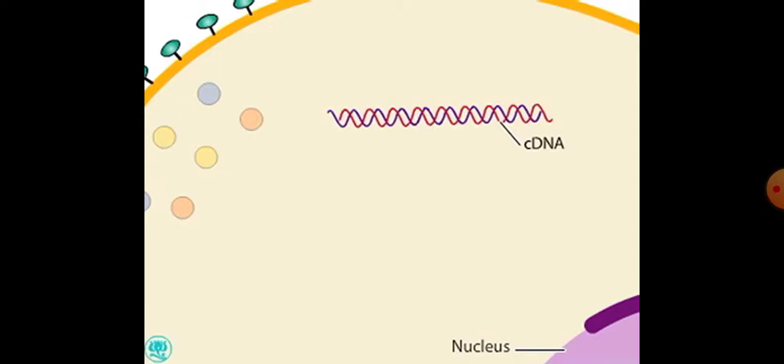Reverse transcriptase has a high error rate and frequently leaves mutations in the copied DNA. The mutations result in variant forms of HIV, which allow HIV to evolve quickly. The viral RNA is destroyed by another viral enzyme called ribonuclease H.